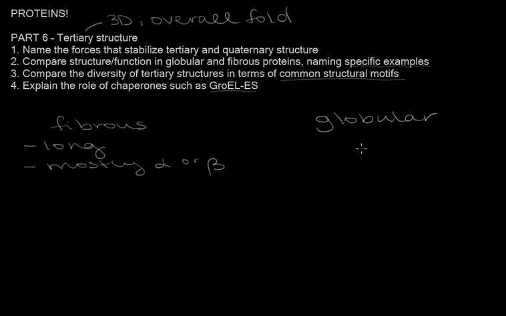Globular, however, has less well-defined secondary structure, so it has a variety and actually a mix of alpha helices and beta strands.